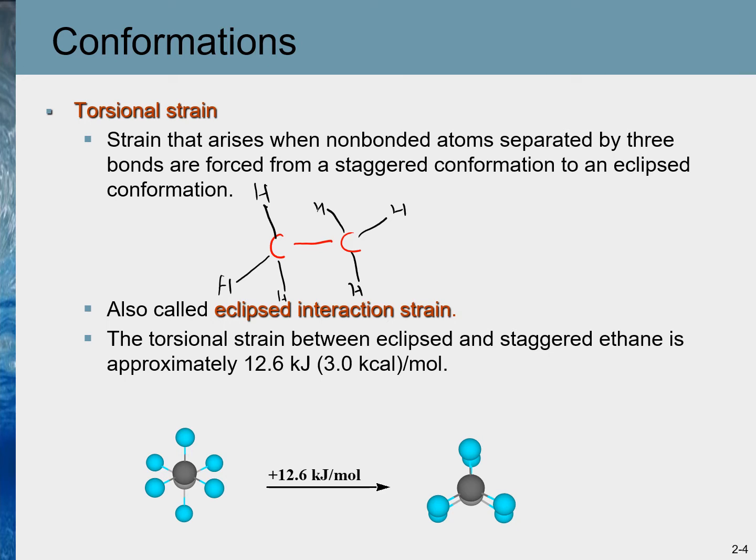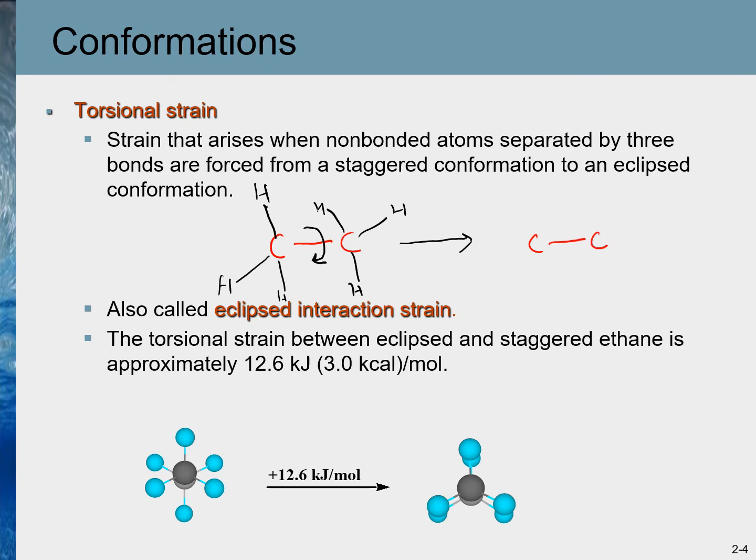Now if the carbon-carbon single bond rotates, the molecule will go from the most stable to a relatively unstable position, because any rotation will cause the hydrogen atoms to come closer to each other. We also discussed in the previous slide that a 60 degree rotation will turn the staggered conformation into the eclipsed conformation.